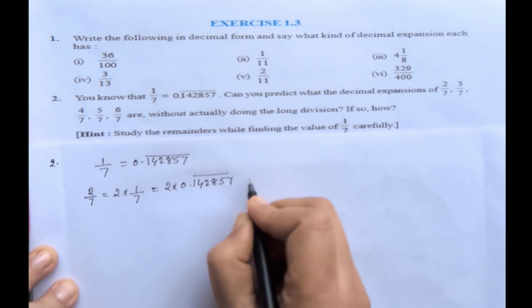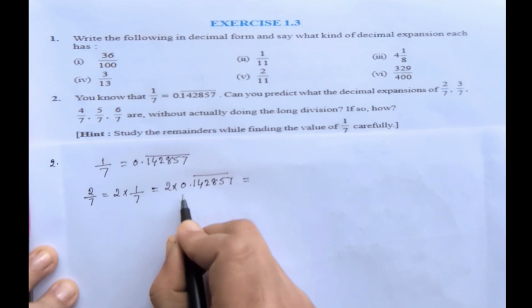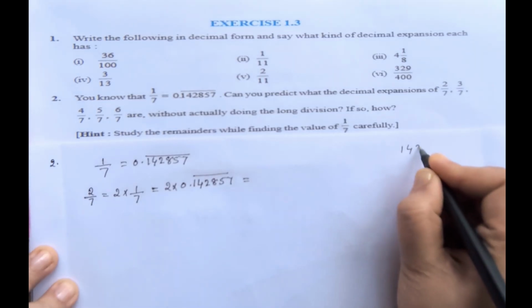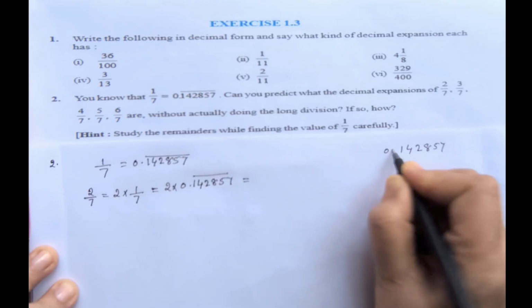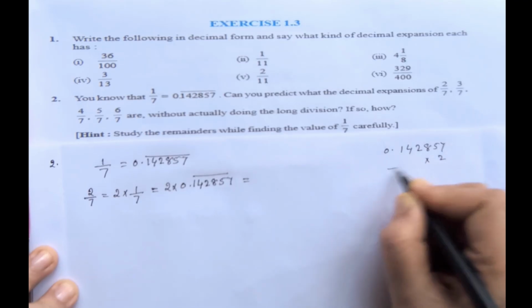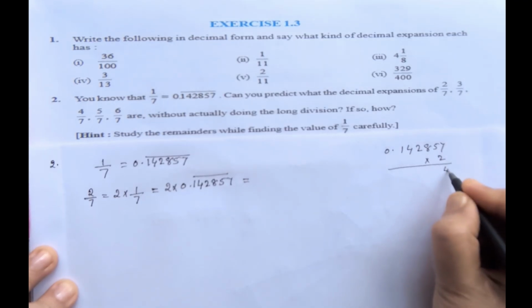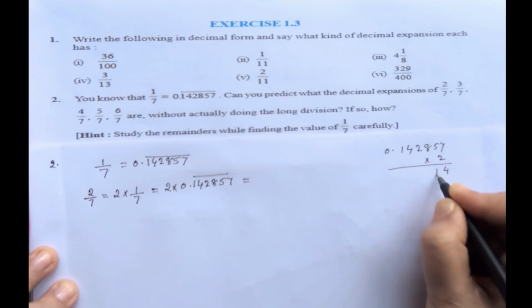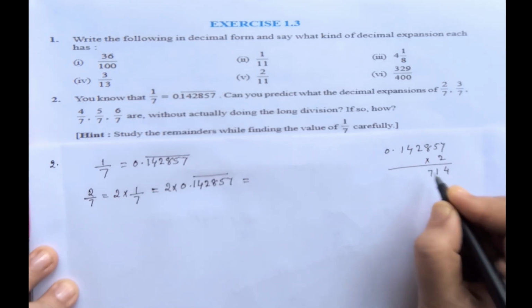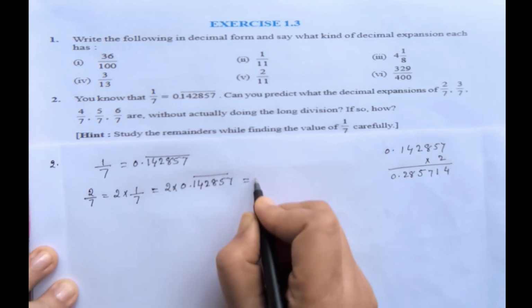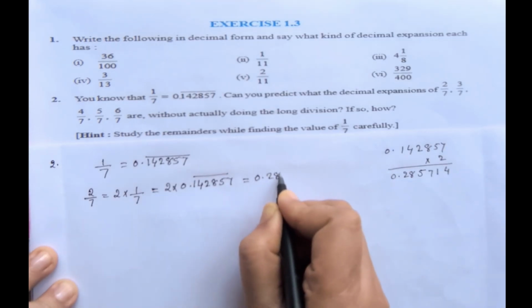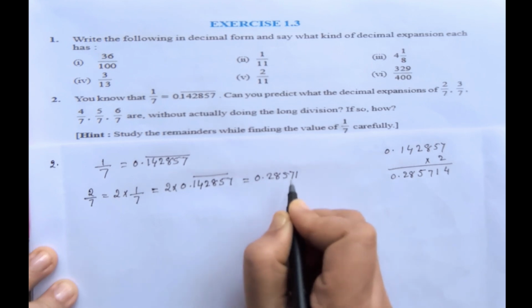When you multiply, you will get 0.285714.